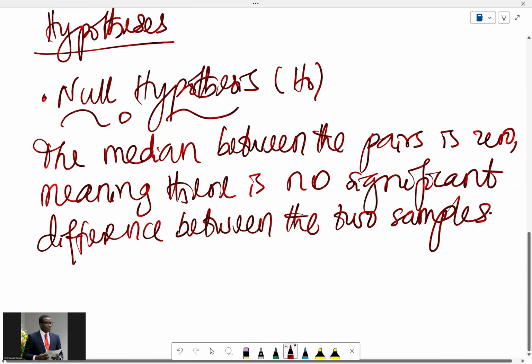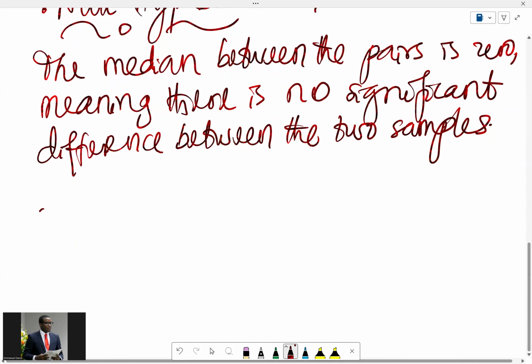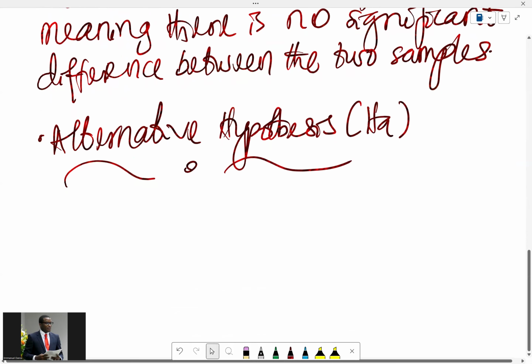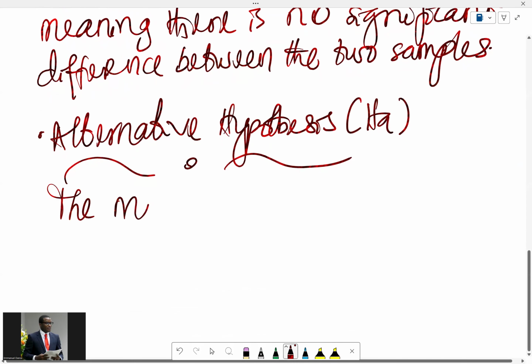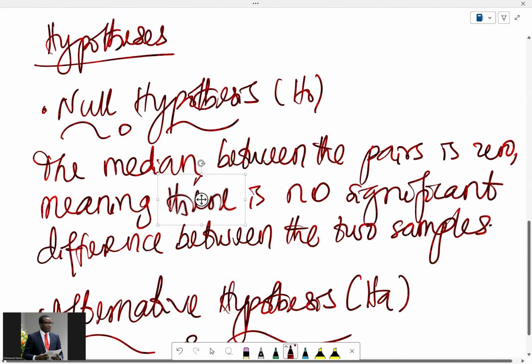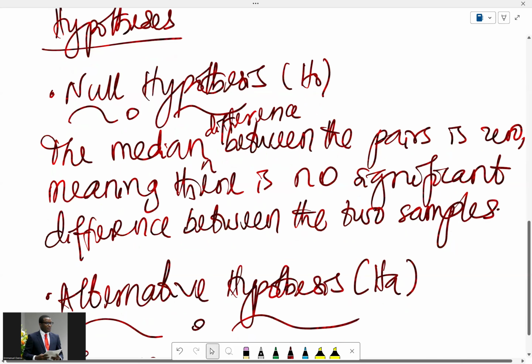That's H naught, right? Then we have the alternative hypothesis. Feel free to call that HA or H1, if you like. Here it's the median difference, actually. The null says the median difference between the pairs is 0.